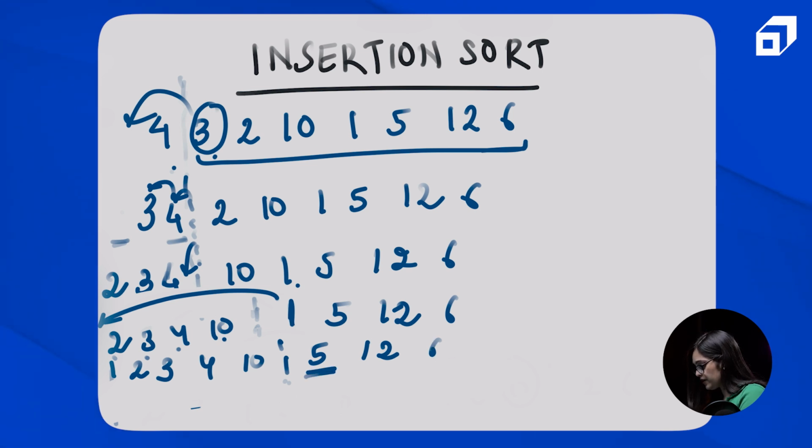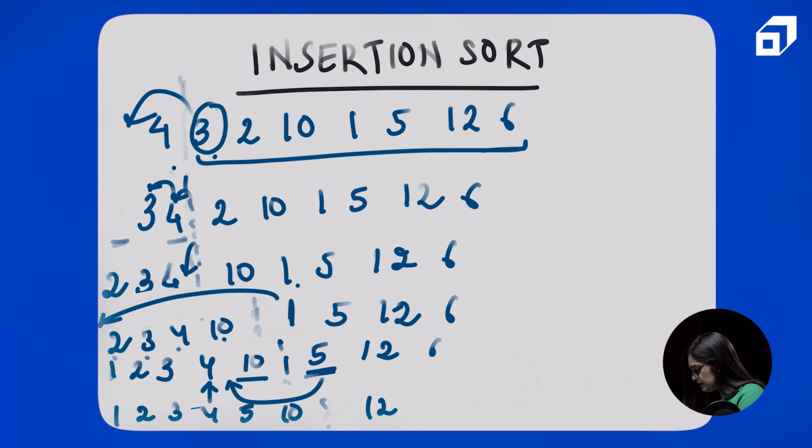So now we move on to 5. We start to find the right place for 5. We start with 10. And 5 is larger than 4, so we stop at 10 itself. And the correct place for 5 is now after 4, and this is our unsorted part.